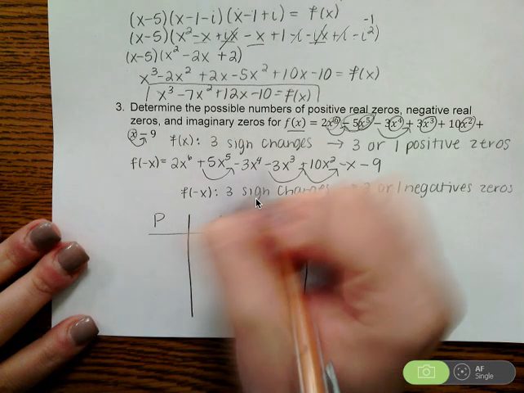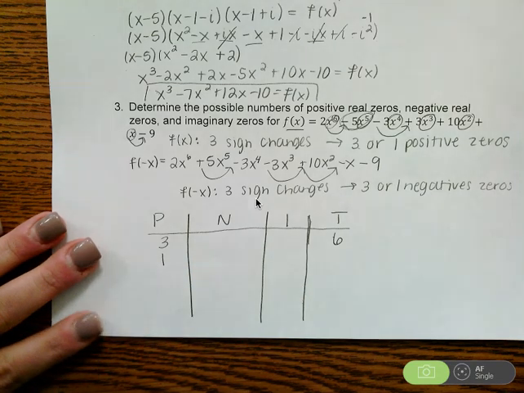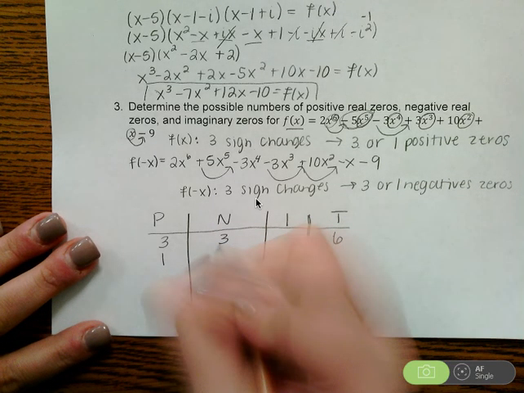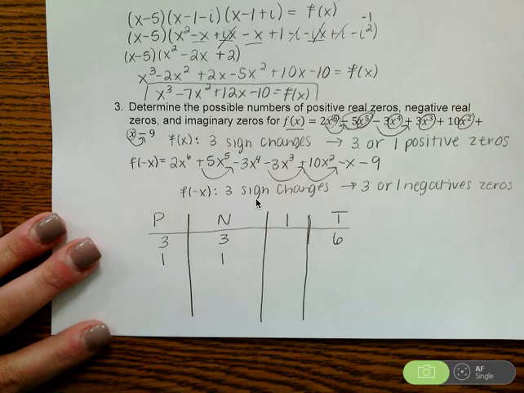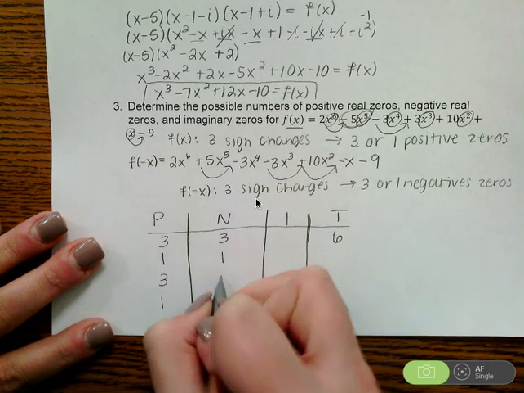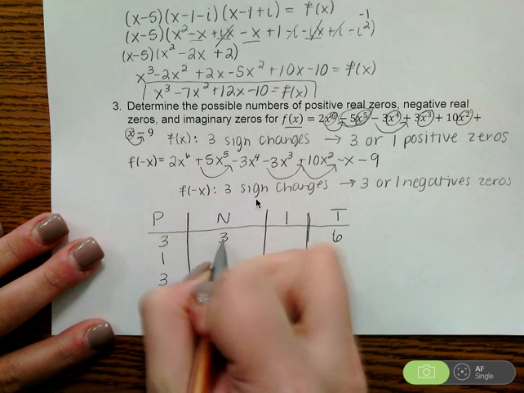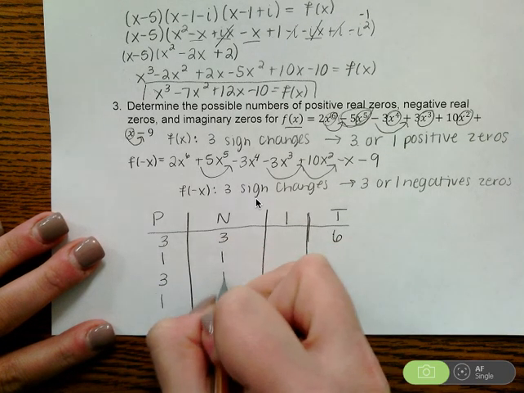So for positive, we could have 3 positive or 1 positive. And for negative, we could have 3 negative or 1 negative. But if you have 3 positive or 1 positive, you can also pair that. It's kind of like reasoning through your table here that you can have 3 positive and 3 negative, or you could have 3 positive and 1 negative, right?